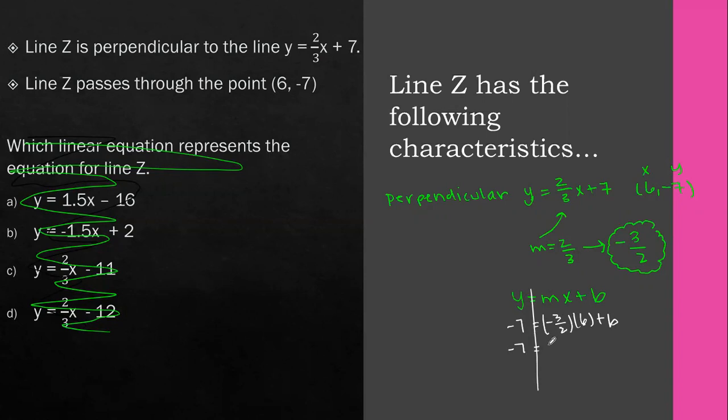It's 9? Negative 9? Okay. Then you add 9, and then negative 9, and then to negative 2. Perfect. Good job.